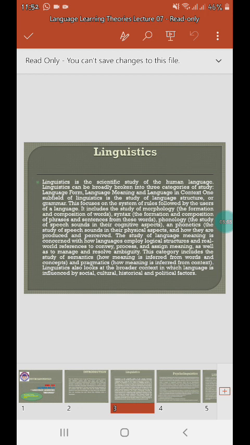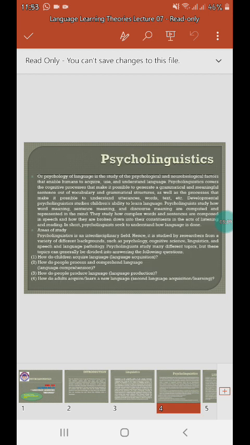The study of language meaning is concerned with how language employs logical structures and real world references to convey and assign meaning. Psycholinguistics deals with psychological and neurobiological factors that enable humans to acquire, use, and understand language.